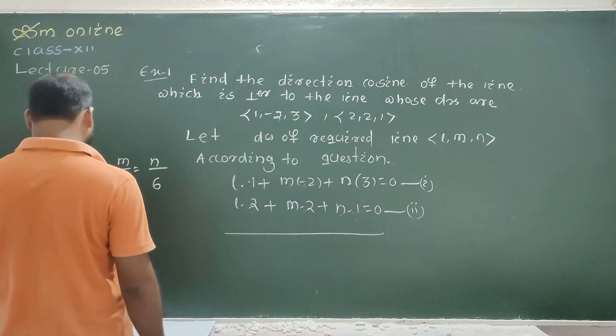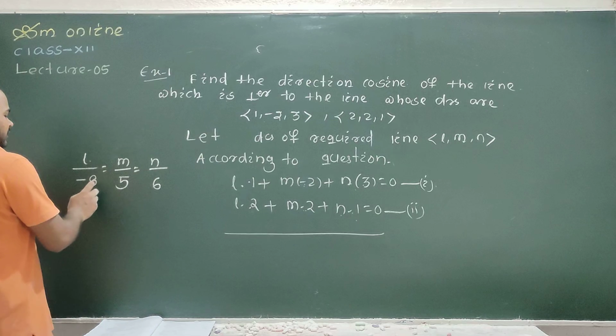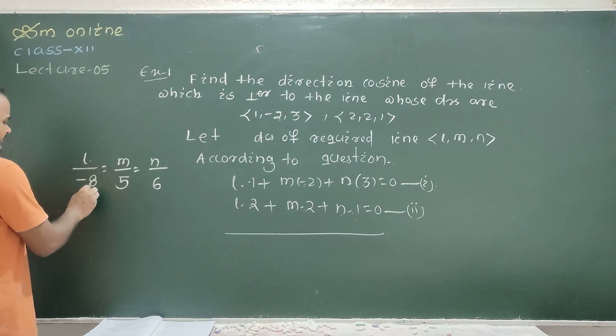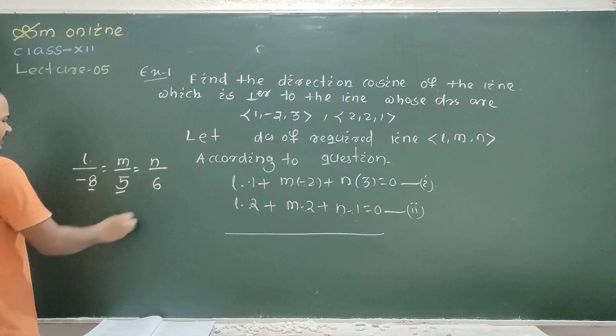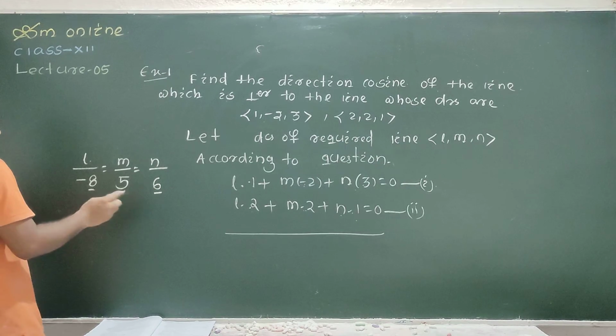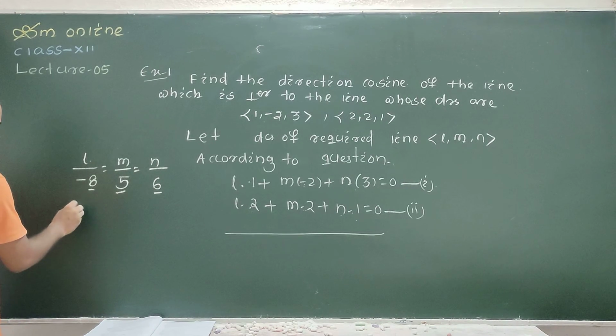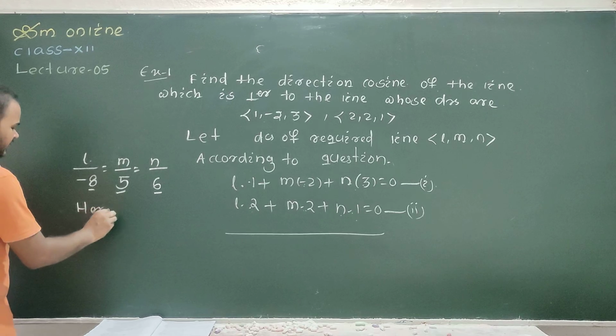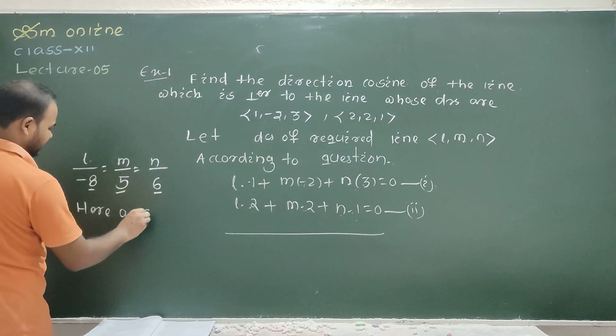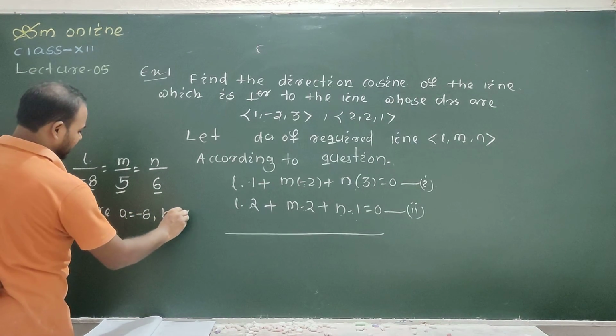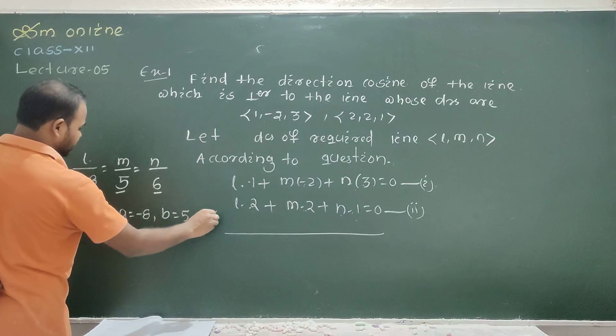So the DRS are minus 8, 5, 6. Here A equals minus 8, B equals 5 and C equals 6.